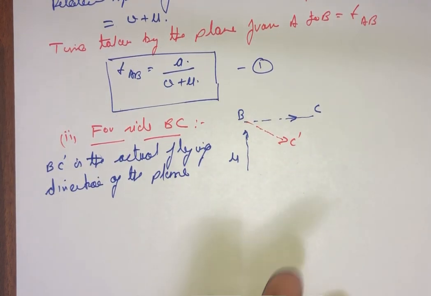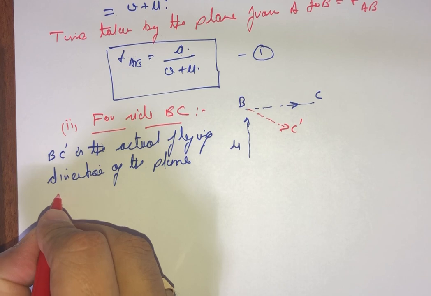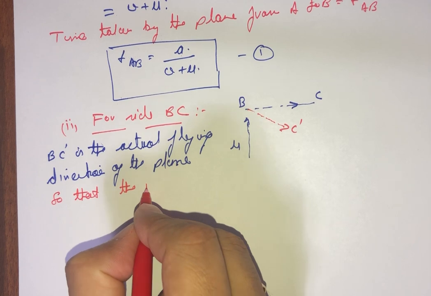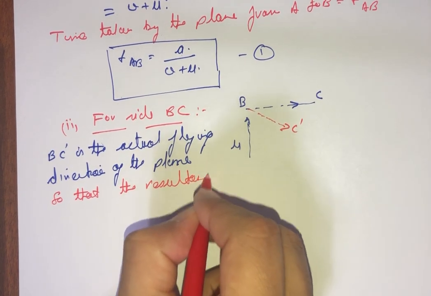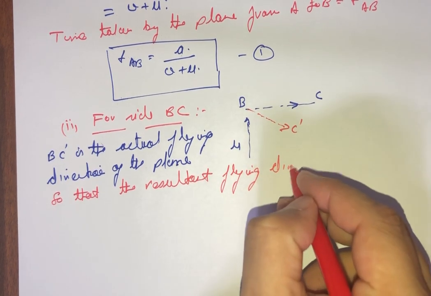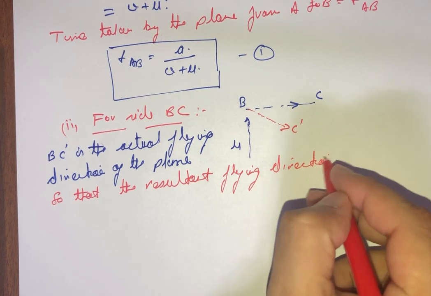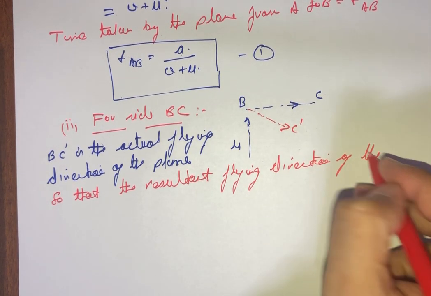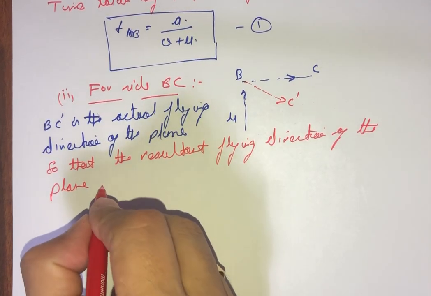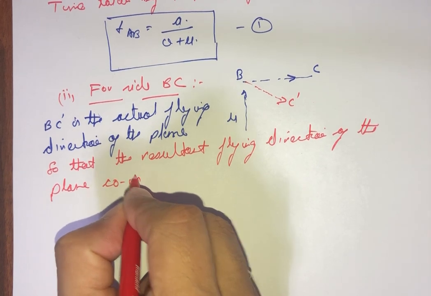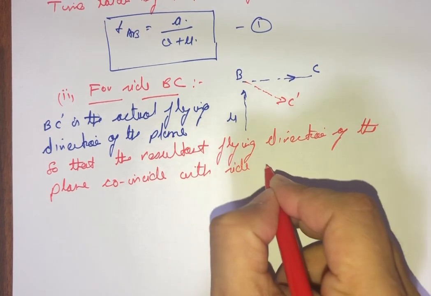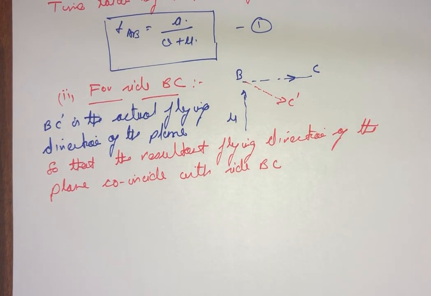So BC prime is the actual flying direction of the plane, so that the resultant flying direction of the plane coincides with side BC.